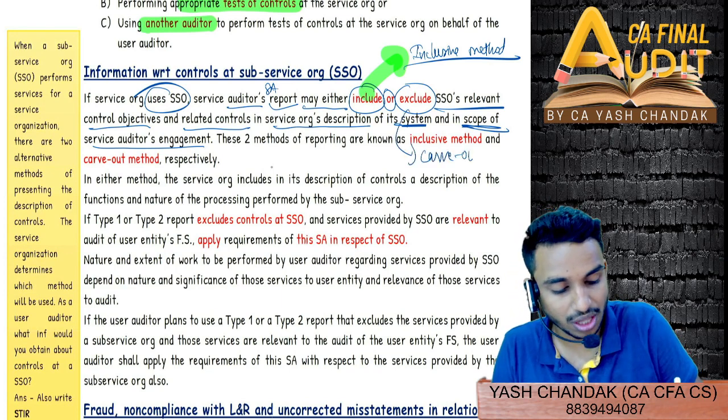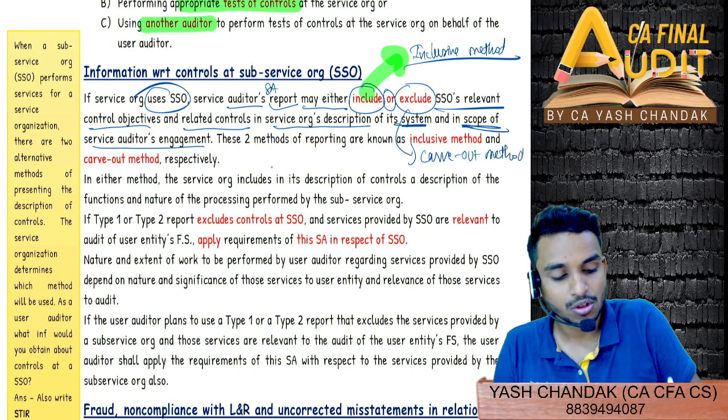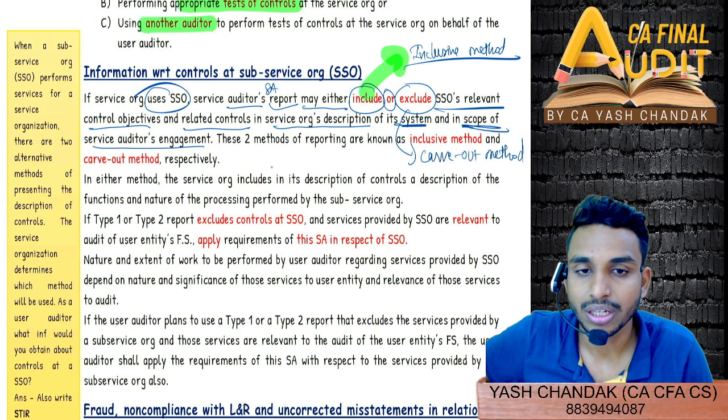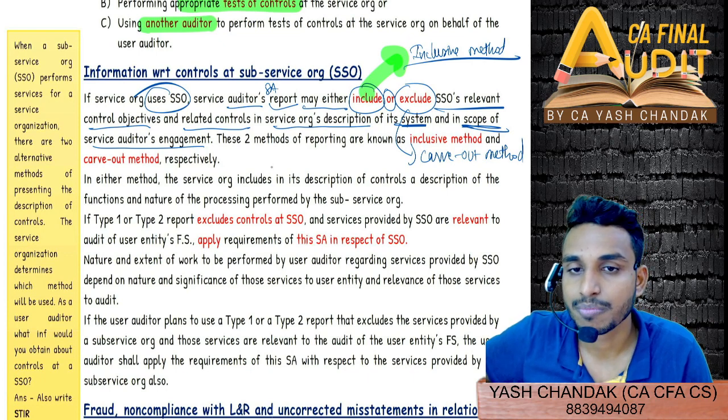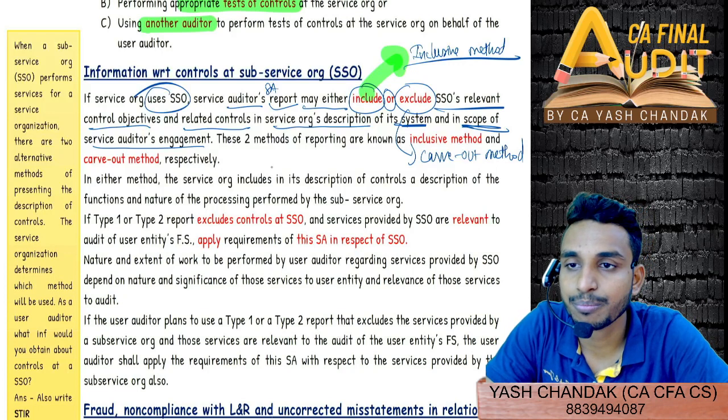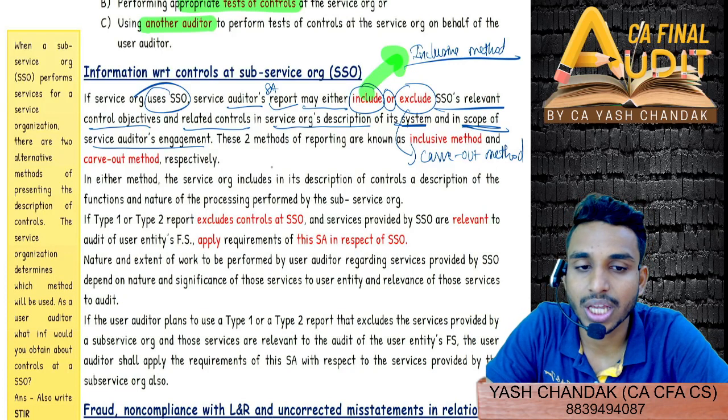But yes, carve out method. You must know about carve out in Ind AS, right? What do you mean by carve out and carve in in Ind AS? Have you gone through this or not? Carve out, carve in.